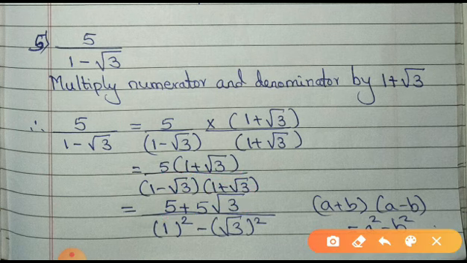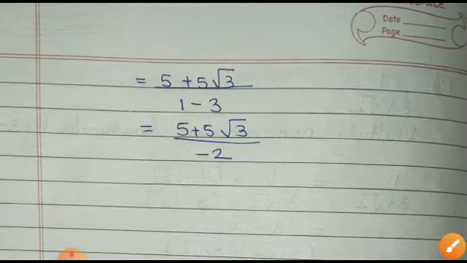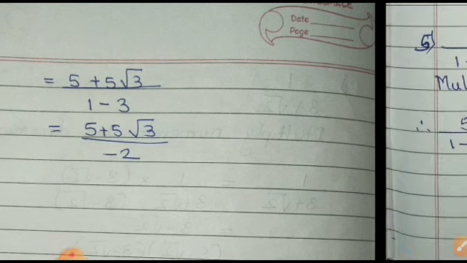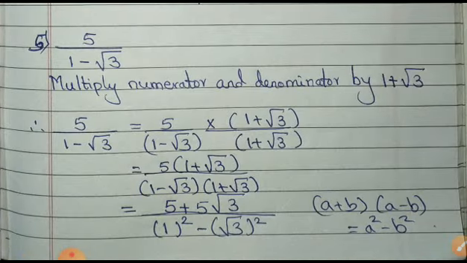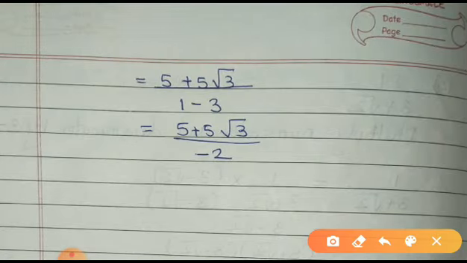So a is 1, so 1 square minus b is root 3 square. So I'll be getting 5 plus 5 root 3 by, it was what? 1 square is 1, root 3 square is what? 3. So denominator I'll have as 1 minus 3. 1 minus 3 is what? It is equal to minus 2.